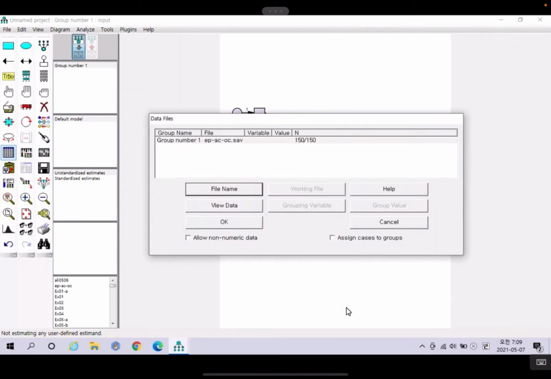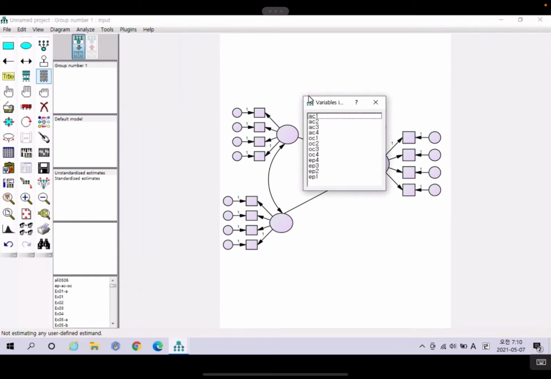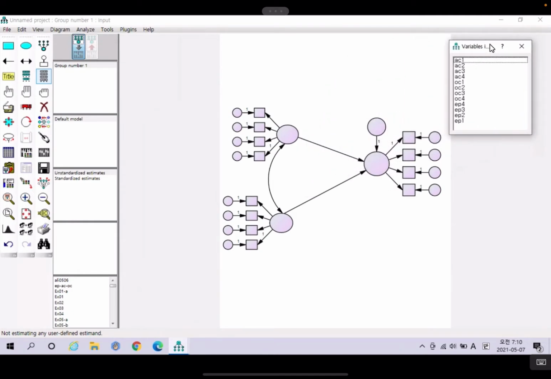And all right, so you're going to click OK, right? Once you connected this graph to data file, in order to put names, you click this one, right? And you will have variable names, right?